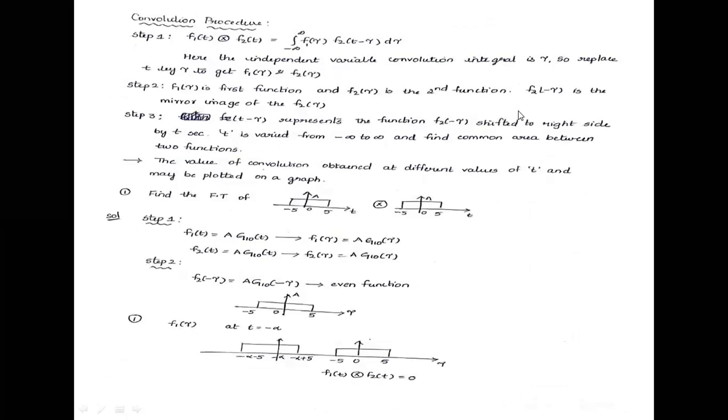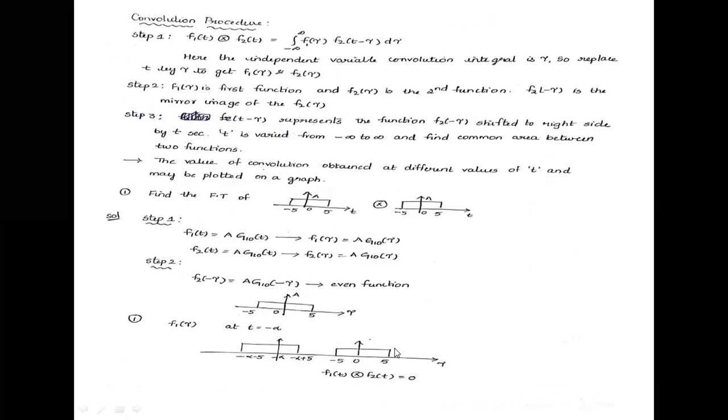Okay, my dear students, see, this is a function. I'm taking this function, adding the t and shifting it. This is the third step I am using: f2 of t minus tau. These are the values of tau: minus 5, 0 and 5. I'm adding the t here. What is t? First of all, I am assuming minus infinity.